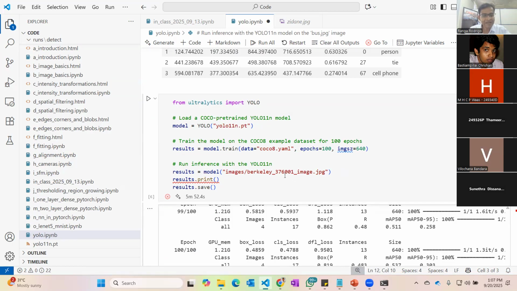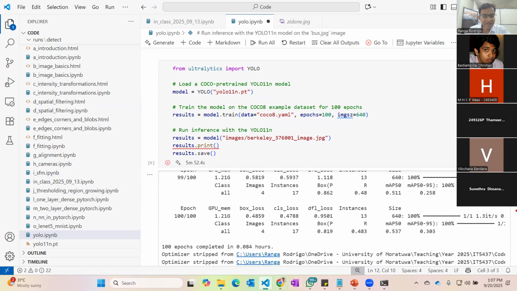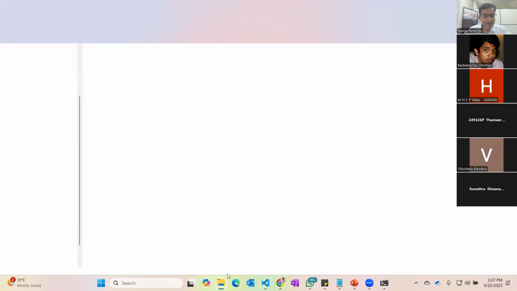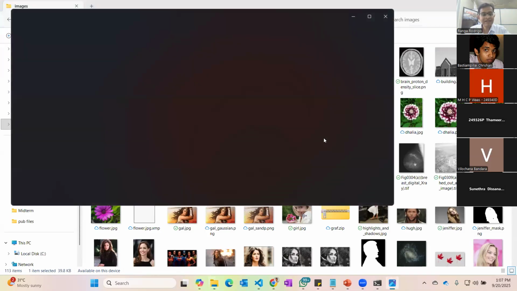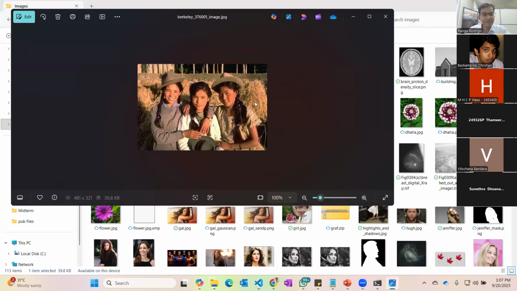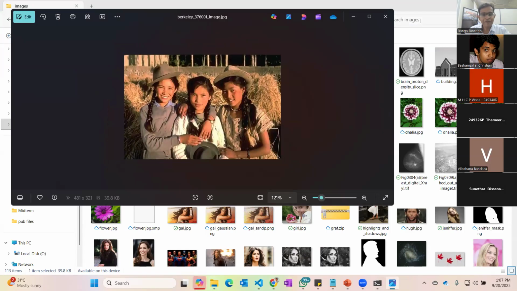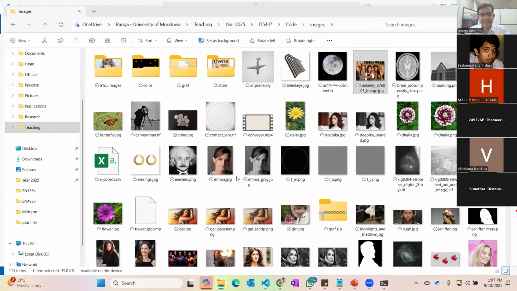Yeah, some mistake there, but you can see it has detected 6 people. The image that I put is this one. Maybe there's a mistake, right? Not 6 people, only 3 people are there or something. One, two, three. It has detected 6 people. I don't know where. I could not save it also.